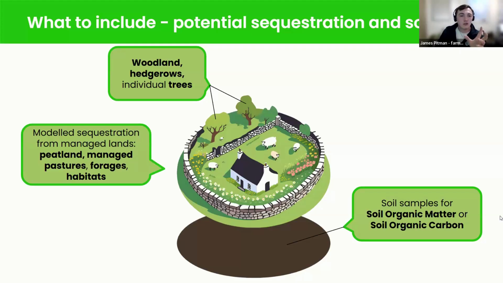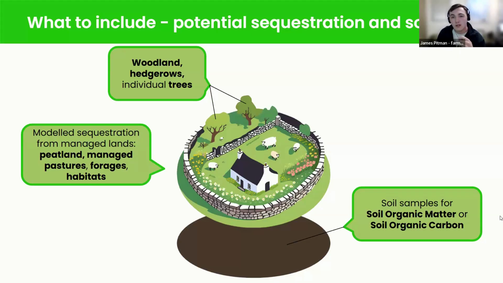Alongside those measured sequestration, so that measured carbon intake, we can also model sequestration. Now this doesn't quite meet the same standards of verification as the measured woodland and soil samples, but this can give you an idea of what the potential carbon sequestration is on your farm.